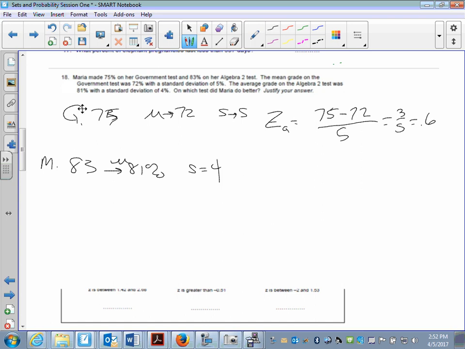So she was 0.6 standard deviations above the mean on the government test. Now the Z for her math test was 83 minus 81 over 4, which is 2 over 4, which is 0.5. Since she was farther away in standard deviations from the mean on the government test, Maria did better on her government test than she did on her math test.